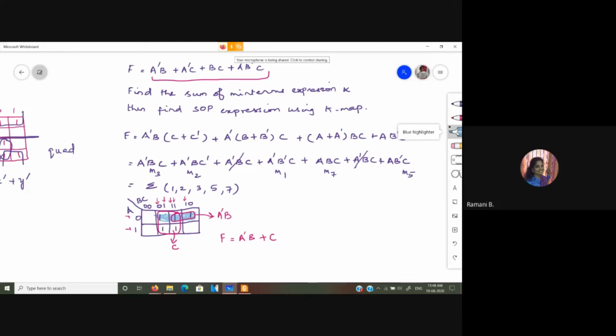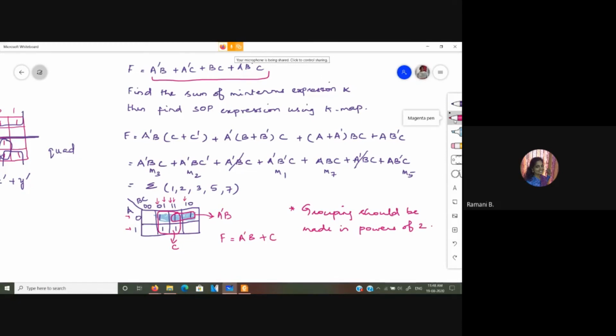So always remember, grouping should be made in powers of 2. That is, you can have a group or you can have it as a single term. That is not a problem.